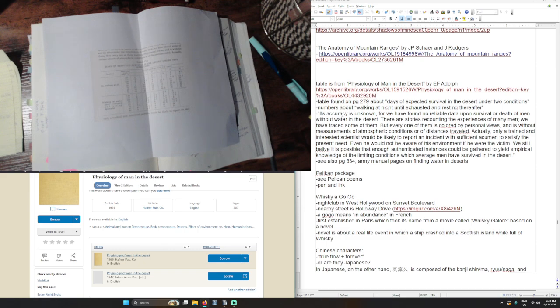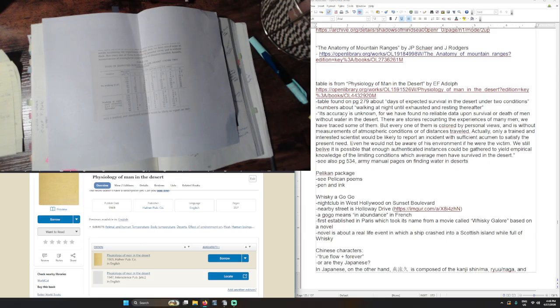And I thought this was an interesting quote from that page about accuracy and scientific data. So we know that in House of Leaves there's a lot of trying to scientifically analyze the house. And I think this quote is relevant to that. So I'll just read it. Its accuracy is unknown, for we have found no reliable data upon survival or death of men without water in the desert.